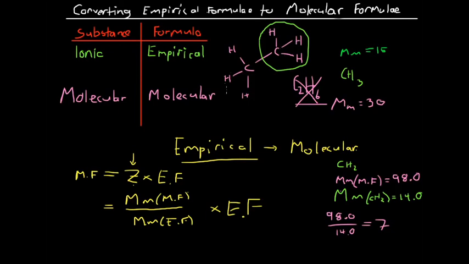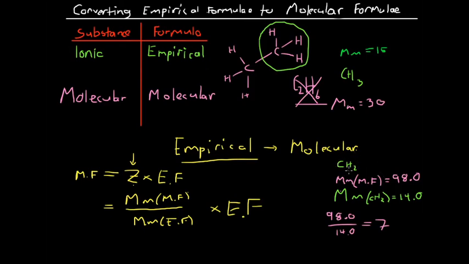Here we've got 2 base units of CH3. Similarly, here CH2 is like the base unit in this substance, and because the molecular substance is 7 times heavier than this base unit by itself, there must be 7 of these CH2 base units in the molecular substance.